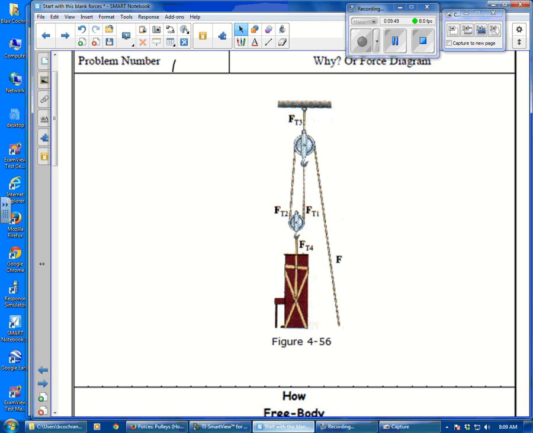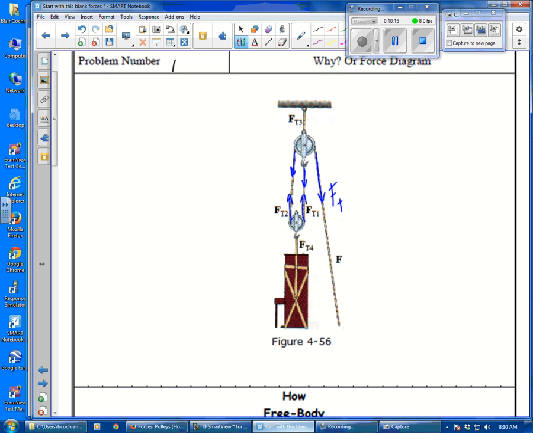I realized right away in drawing that this force here, which they labeled F, is going to be the same as FT1 and FT2, so I'm just going to call that FT. You realize that's the same as F. I would have an FT up here, an FT down here, an FT up here, an FT down here.